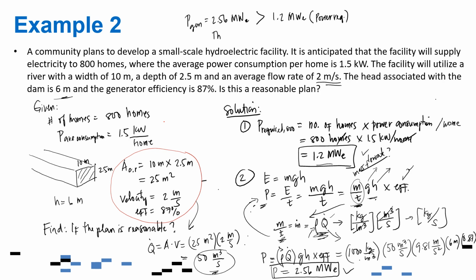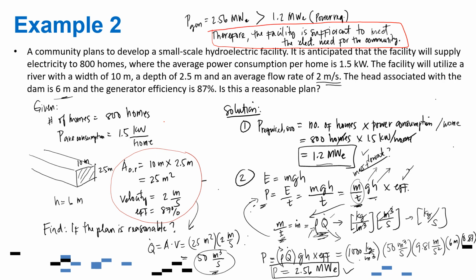Therefore, the answer to this question is that the facility is sufficient to meet the electricity need for the community. Sorry, it's a little bit messy, but you can see the process there. So this is now the final answer for this problem.